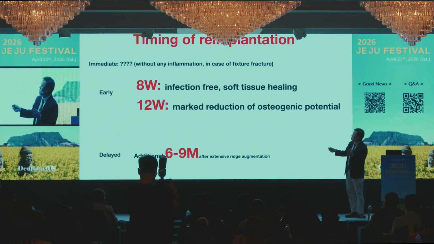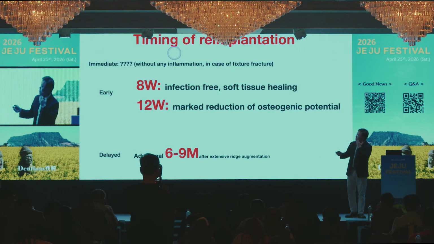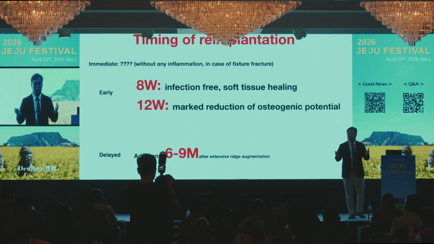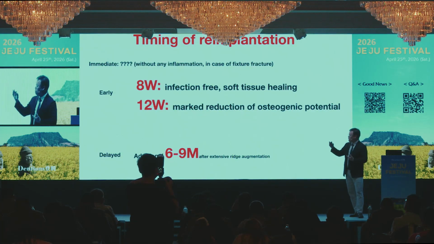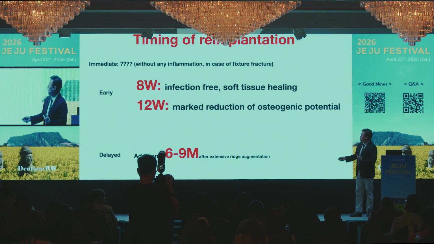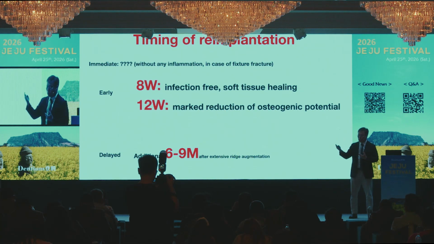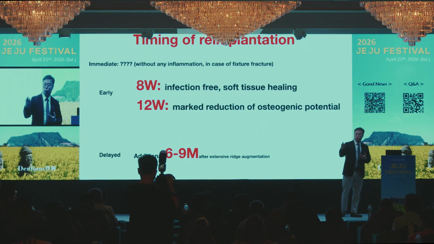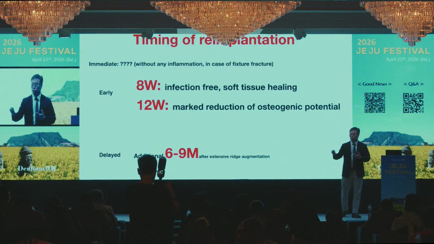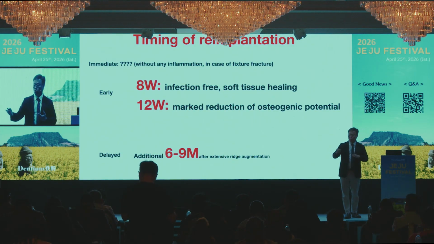Therefore, this is not very common. It's possible, but I always consider early and delayed implant placement. At 8 weeks, you consider infection-free and soft tissue healing, and at 12 weeks, as I mentioned, there is marked reduction of the osteogenic potential after 12 weeks.